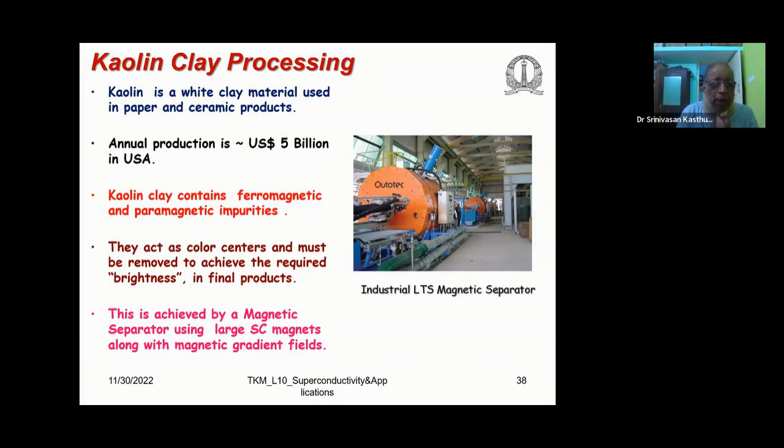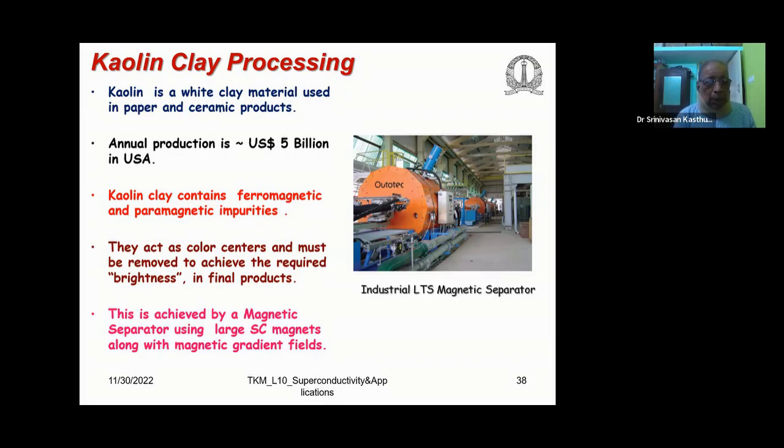Okay, so why does it happen over time? Because the normal clay material which is used in paper and ceramic products has a certain amount of impurities, particularly magnetic impurities.